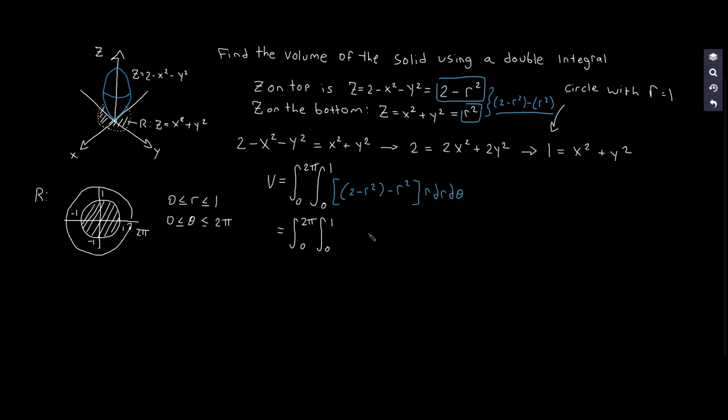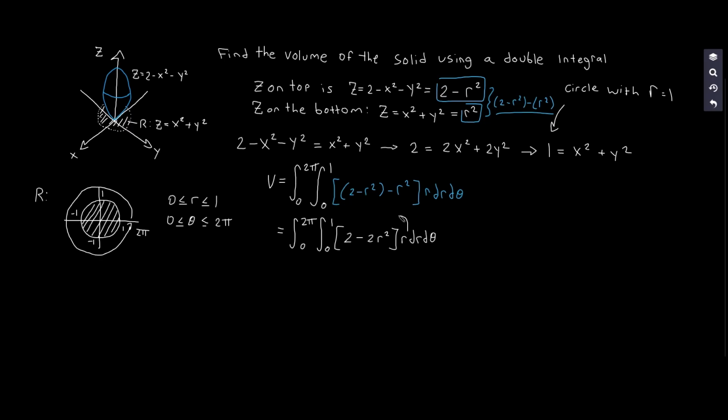Integral from 0 to 2 pi times the integral from 0 to 1. If I drop those parentheses, I can see quite clearly that the integrand will become 2 minus 2r squared, times r dr d theta.